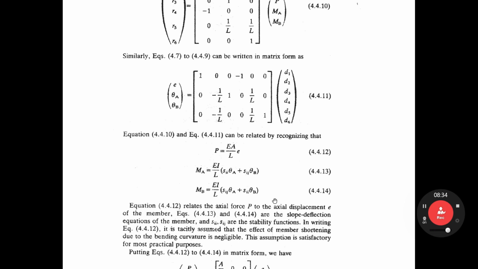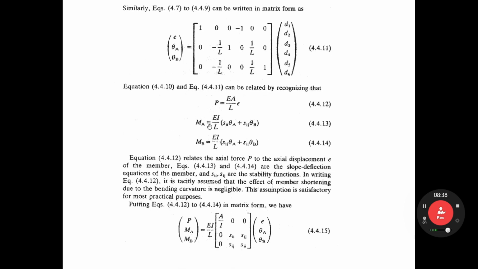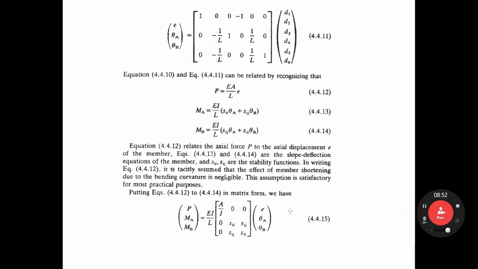MA and MB, your well-known relationship, the slope deflection equation. This equation can be written in matrix form: P, MA, MB, with L, EI, and e, theta A, theta B. So you can input this equation into here.